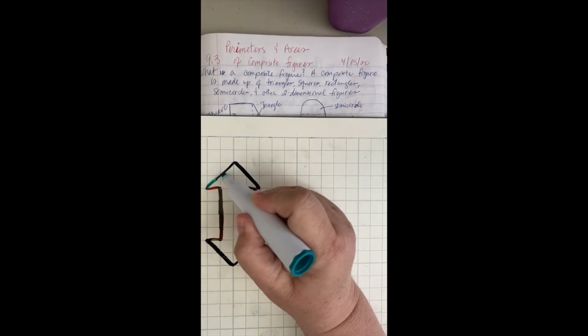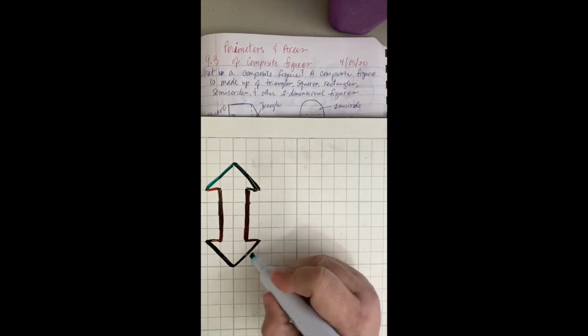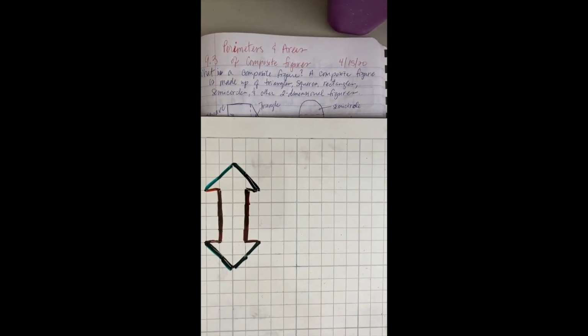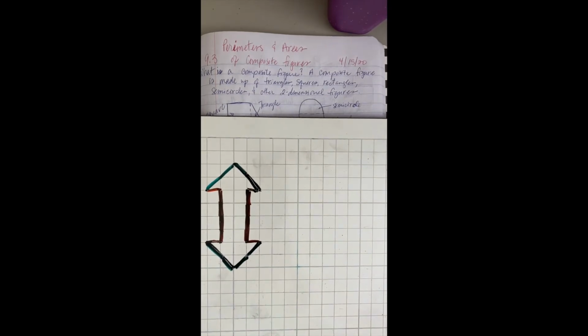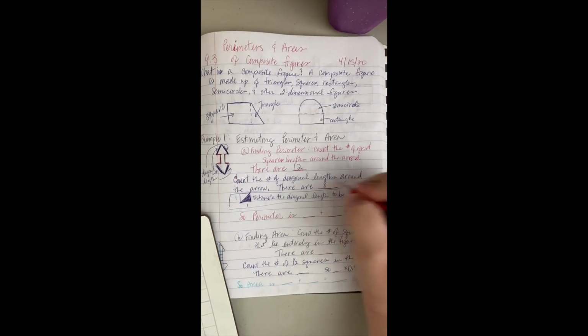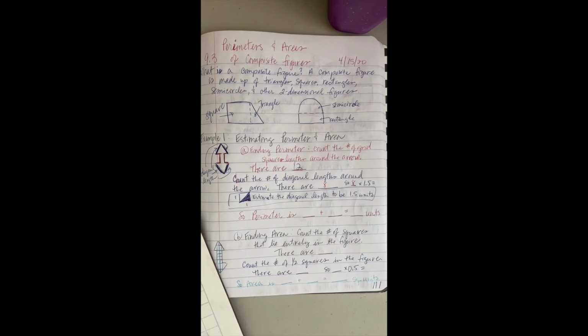I have 1, 2, 3, 4, and then an additional 4 at this other end, to give us a grand total of 8 diagonal units. I'm going to take 8 and multiply it times 1.5, and we get 12 units.